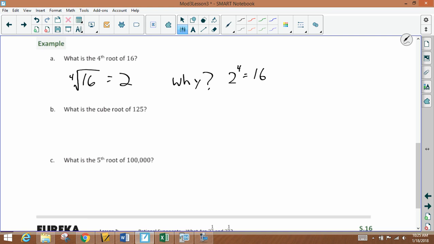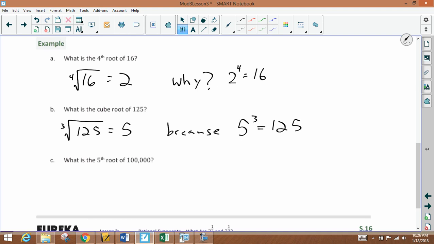So then what they're asking here when they say the cube root of 125, they're asking you to find what that is. So a number times itself 3 times is 125, whatever that number is. 5, right? Because 5 to the 3rd power is 125.